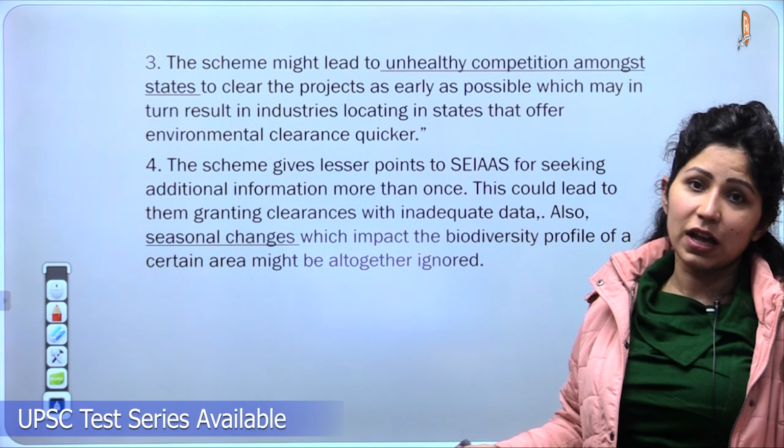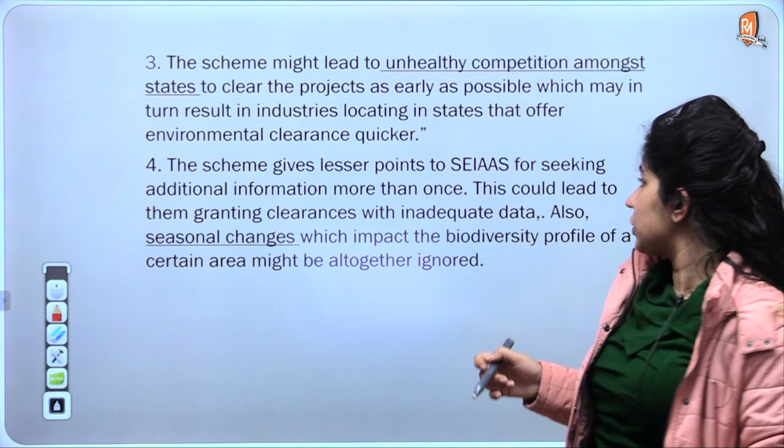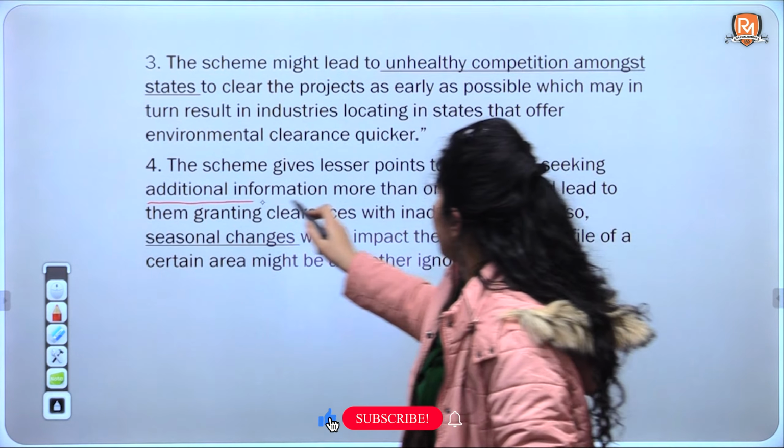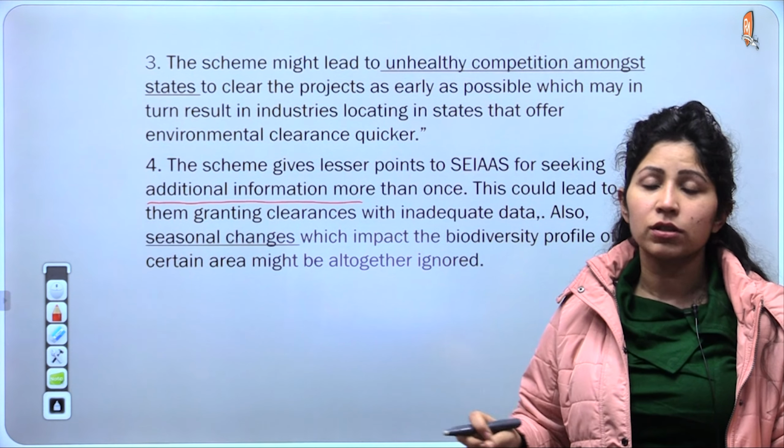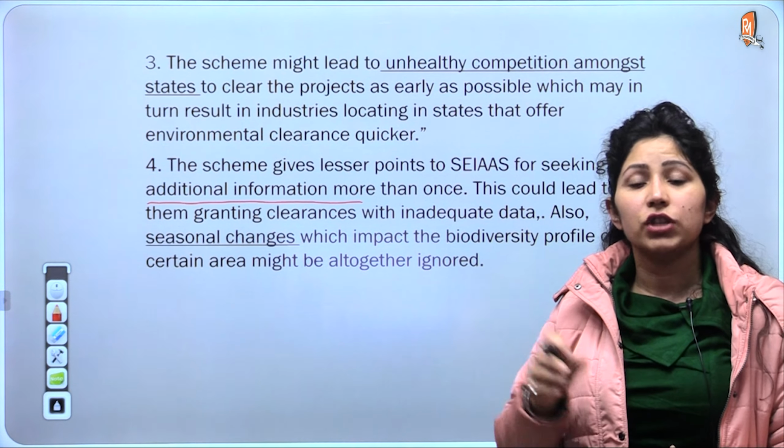So that is a negative aspect of it, because the additional information directive for the state environmental impact agencies is in place just to ensure that all data has been received. The environmental impact assessment has taken a 360-degree view, and all seasons have been taken into view. All kinds of local communities' benefits, or the losses, have been taken into account.